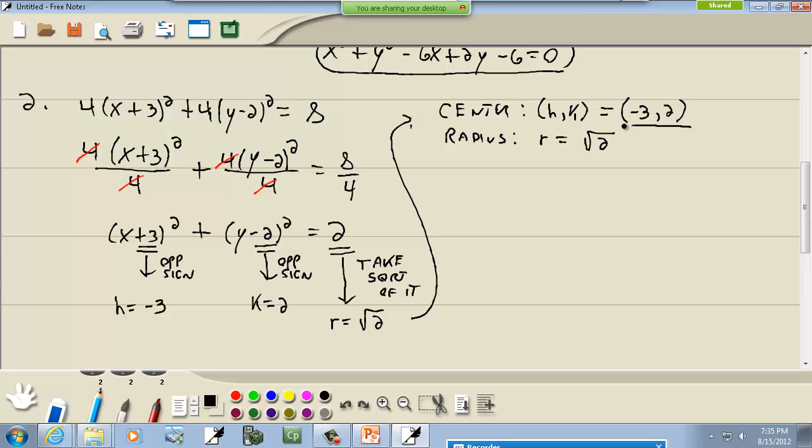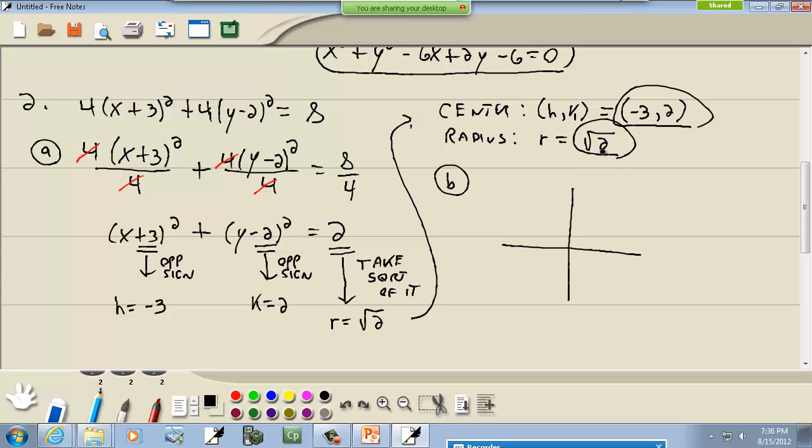So those would be our first answers. There's our center, and there's our radius. Then they're asking us to graph it. That was like part A. Part B, graph it.